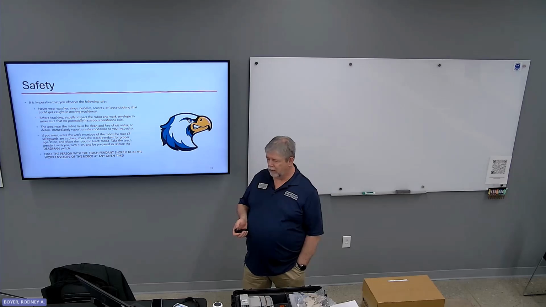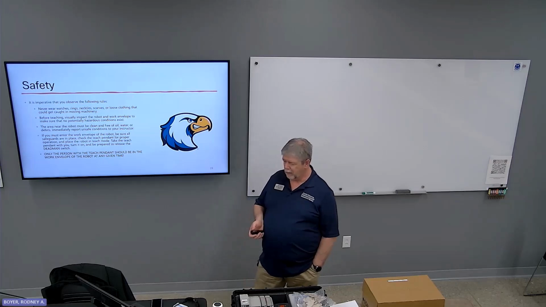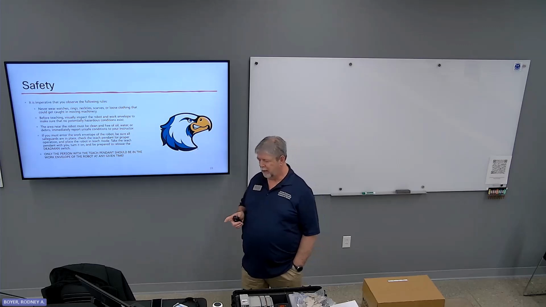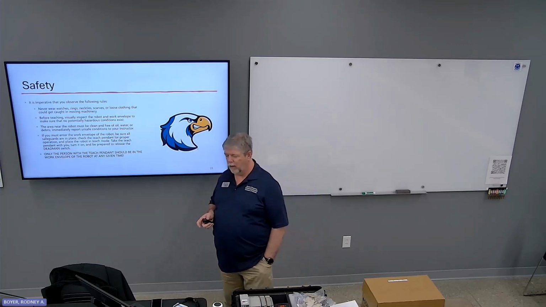If you must enter the work envelope of the robot, be sure all safeguards are in place. Check the teach pendant for proper operation and place the robot in teach mode. Take the teach pendant with you, turn it on, and be prepared to release the dead man switch. Only one person or only the person with the teach pendant should be in the work envelope of the robot at any given time.